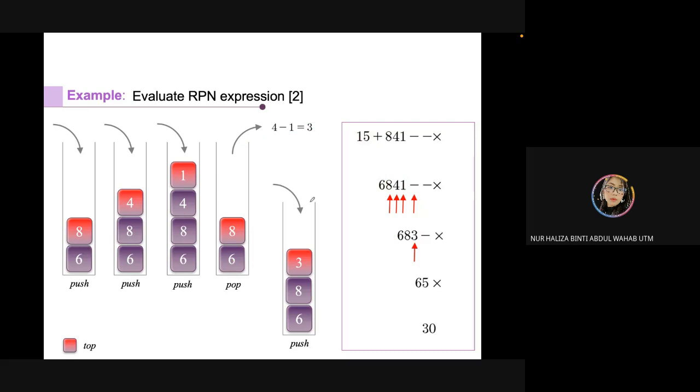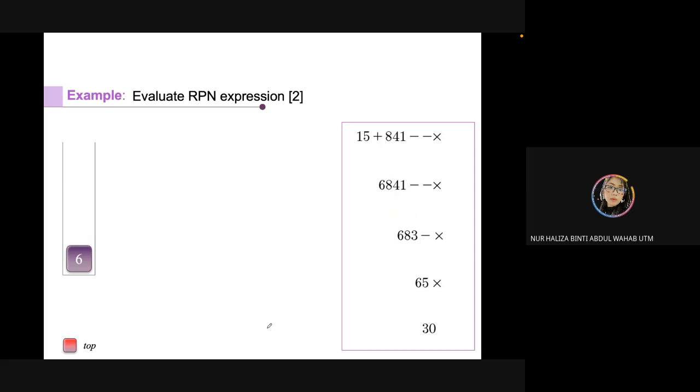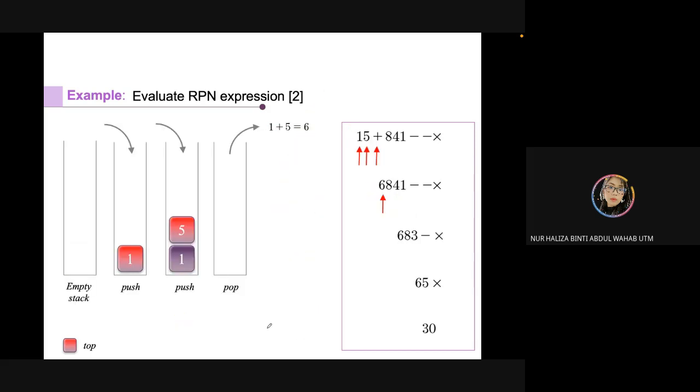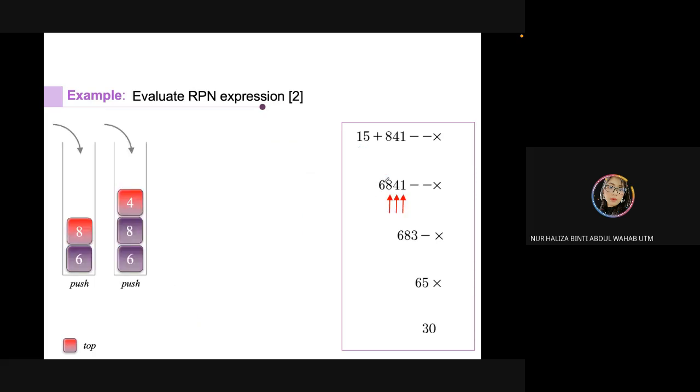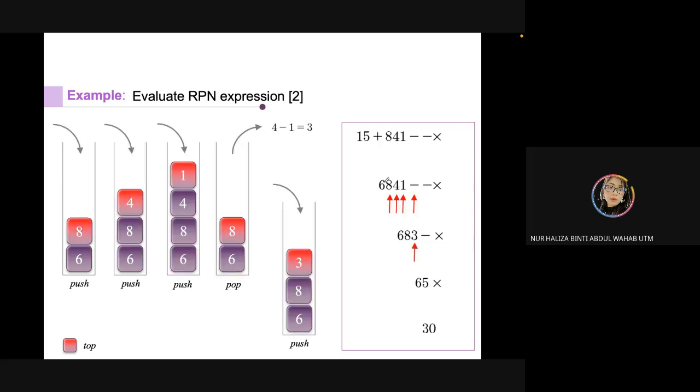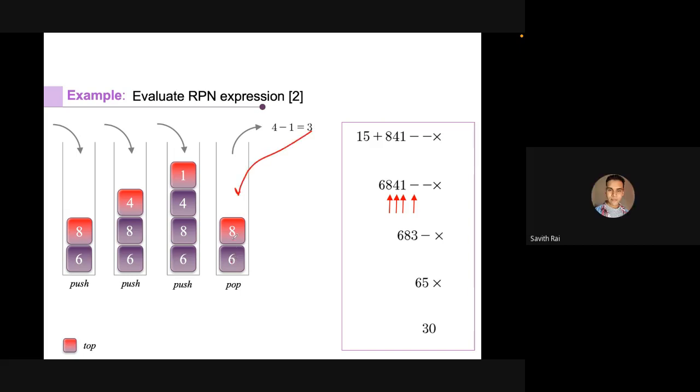You need to see the condition of your stack. Just now when you adding this one, you dapat 6, your stack is empty. That's why you push dia dalam ni empty, dia di depan. Now you have here 3, but in your stack already exists 6 and 8. So you push, you akan dapat begini. So you dapat 6, 8, 3.